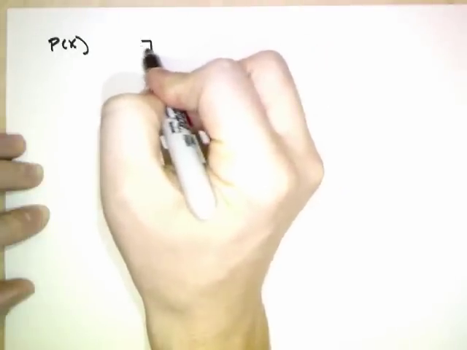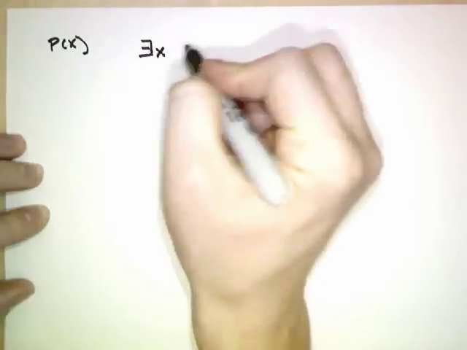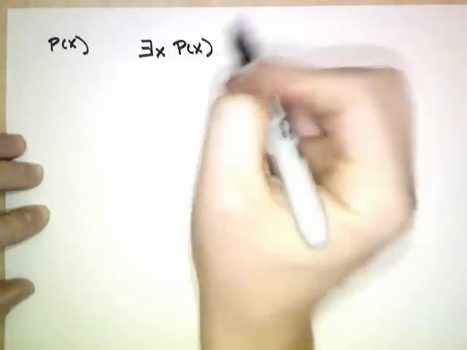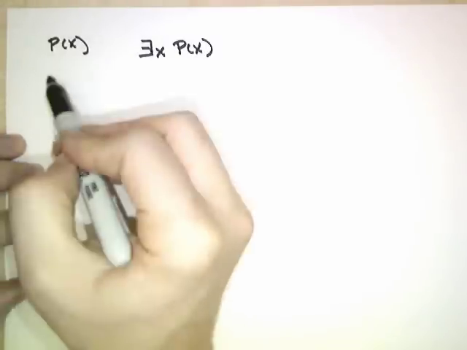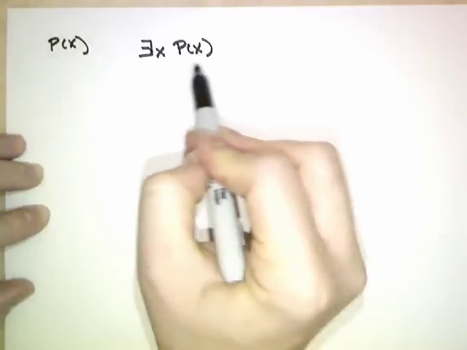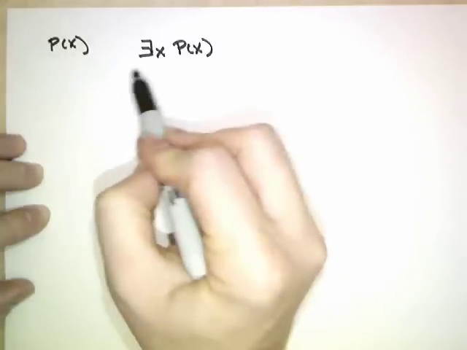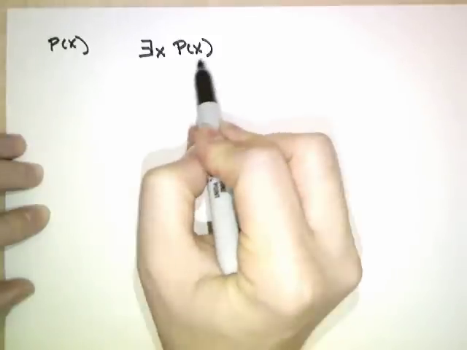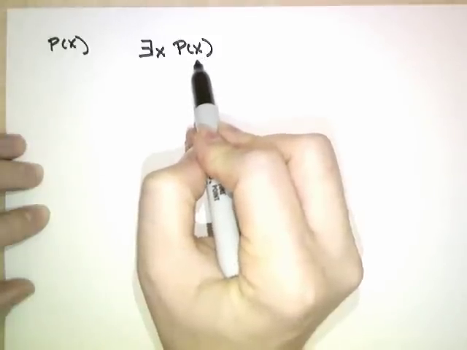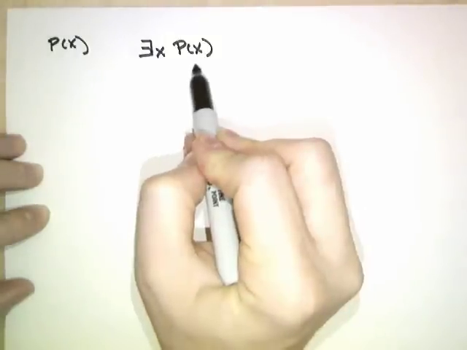So let's say I have a predicate, p of x. Remember that as soon as I write there exists an x, p of x, this predicate here was a function. It took some input and it output true or false. Now I've written there exists an x, p of x. This has a value. It's either true or it's false. If there's an x that makes p of x true, and we've specified the domain, then it's true.